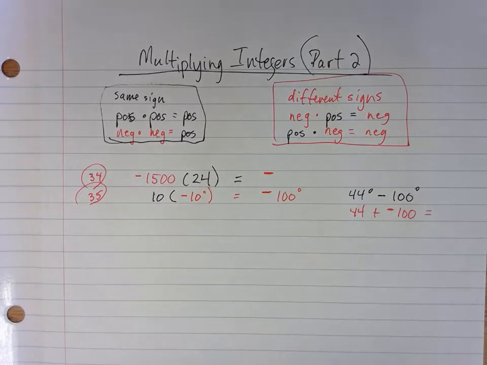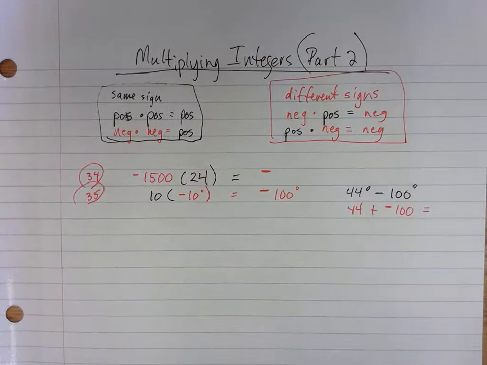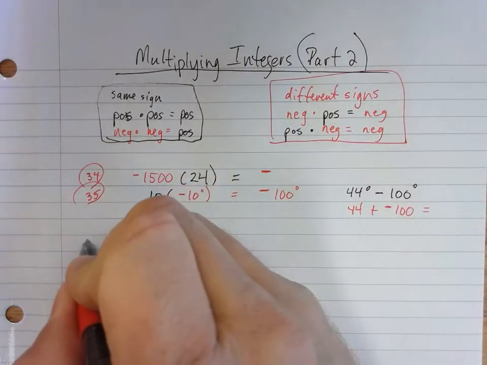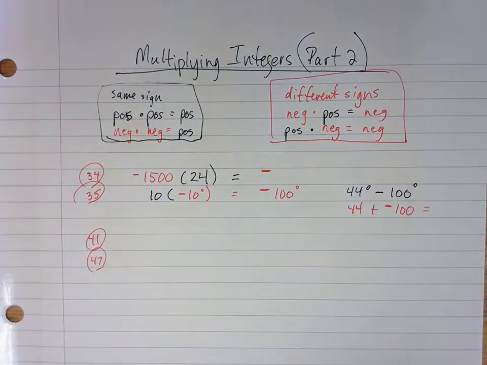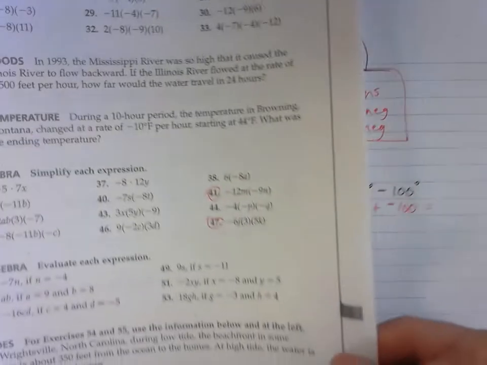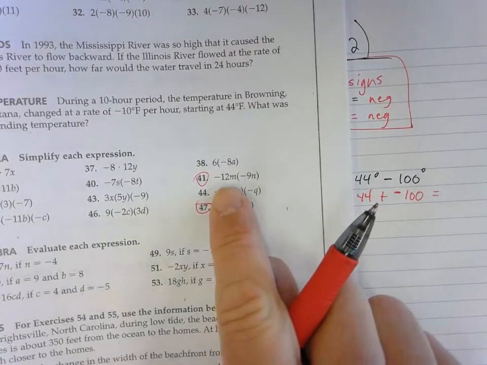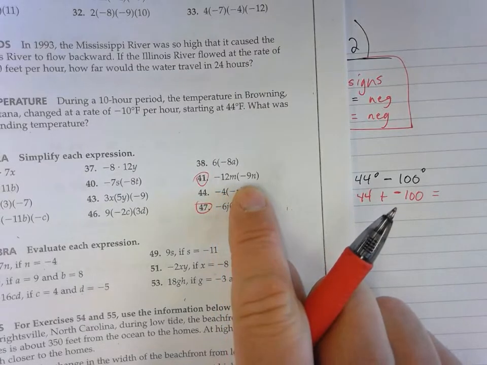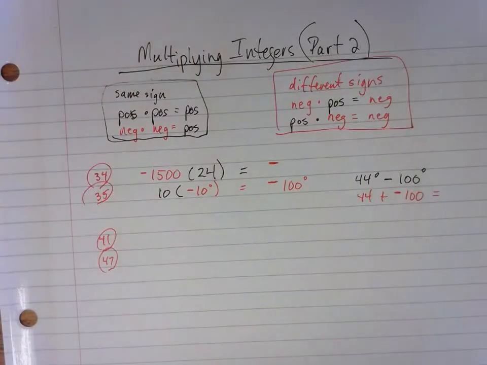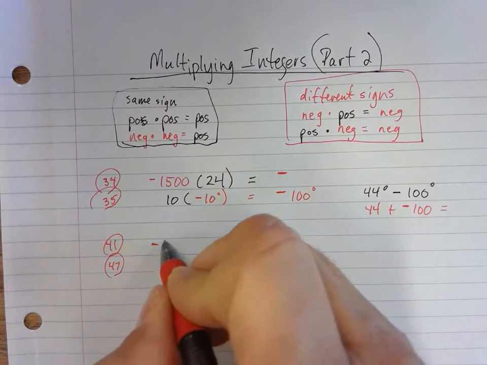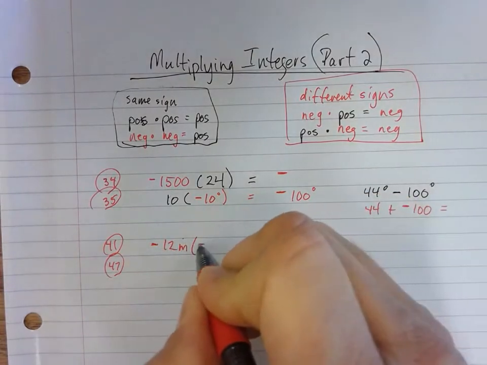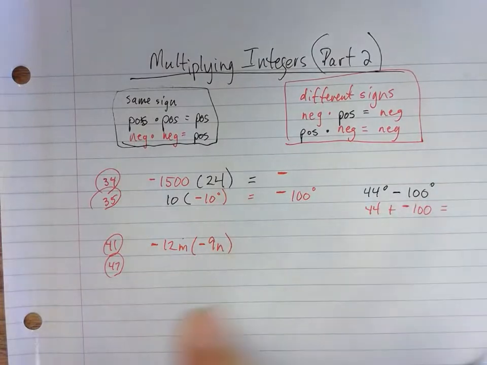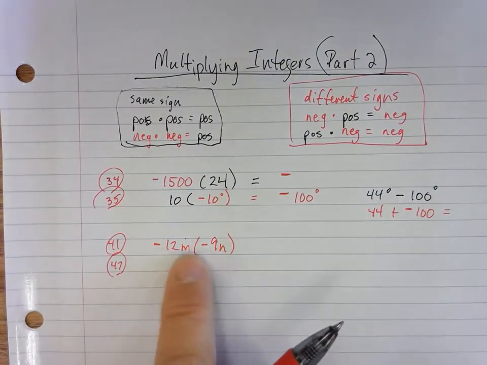Pretty cold day. Alright, the next two I had some questions about were 41 and 47. So if I look at 41, that was negative 12m times negative 9n. So both of those are negative. Negative 12m, and then in parentheses, negative 9n. Okay? Again, these have the same sign.